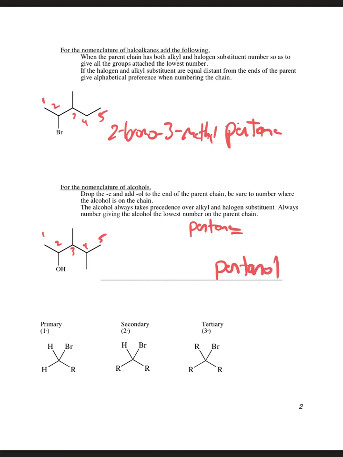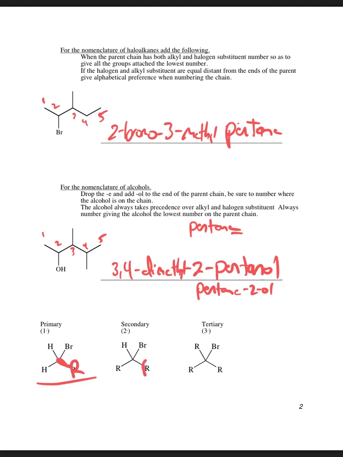Now, since it's a pentanol, we changed the base name, so the alcohol has to have the lowest number, so it has to be a 2-pentanol or pentane-2-ol. And in front of that, we have a 3,4-dimethyl-2-pentanol.